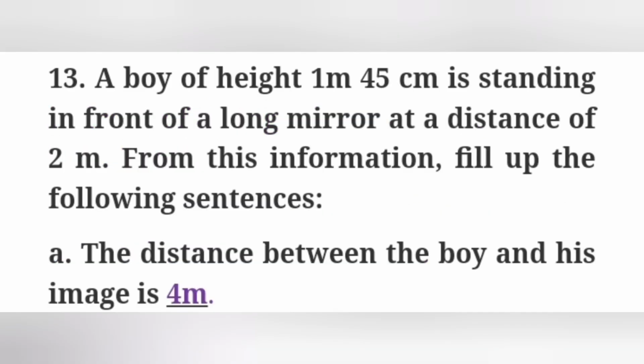13th question, a boy of height 1 m 45 cm is standing in front of a long mirror at a distance of 2 m. From this information, fill up the following sentences. A: the distance between the boy and his image is 4 m.